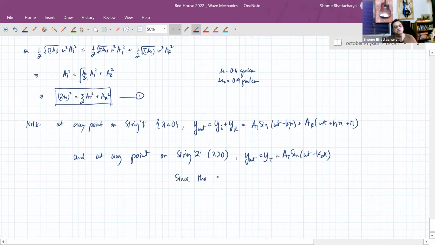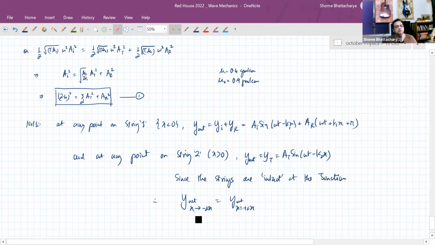Now, since the strings are intact at the junction, therefore, y net at x minus delta x must be equal to y net at x plus delta x.